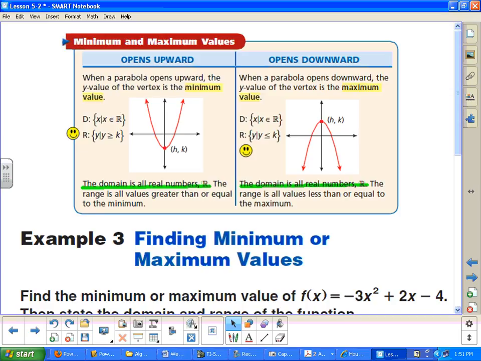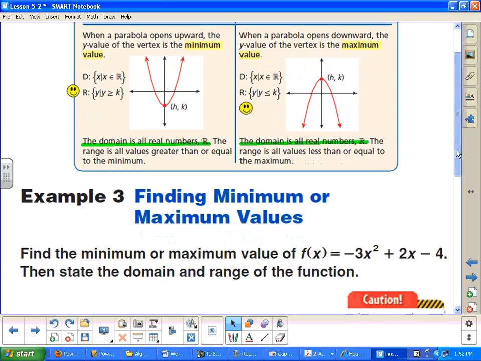If it has a maximum, y is less than or equal to k. Now, when we say what the minimum or maximum value is, it's just the y value. It's not the point. The point is called the vertex. The min is the y value. The max would be the y value.